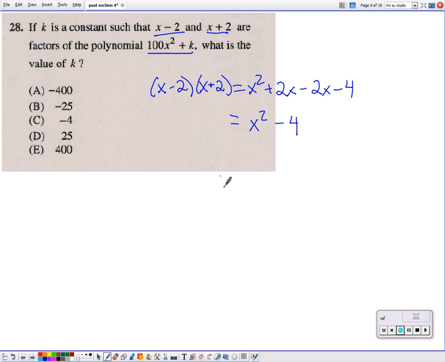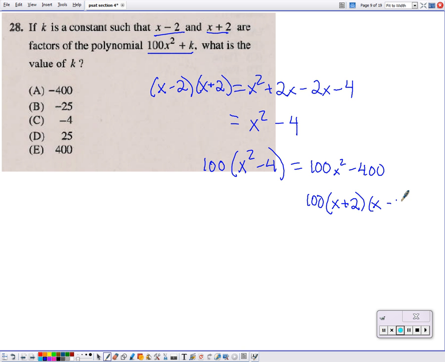So let's think. Obviously there's a 100 here. So if I did 100 times x squared minus 4, I would get 100x squared minus 400. Now 100x squared minus 400 does factor such that x minus 2 and x plus 2 are factors. So k is negative 400.